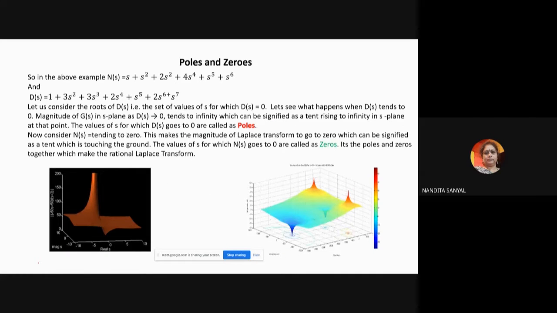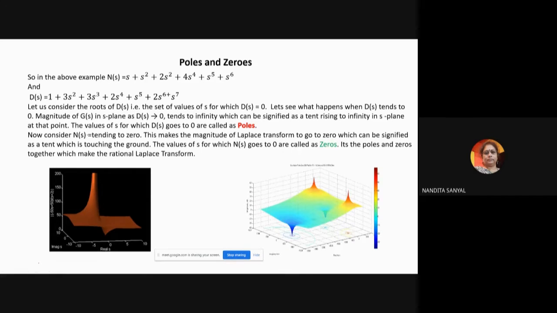Now, every system is characterized by its characteristic equation, and the roots of the characteristic equation of any system describe the system performance in any domain, that means the natural domain as well as the frequency or S domain.